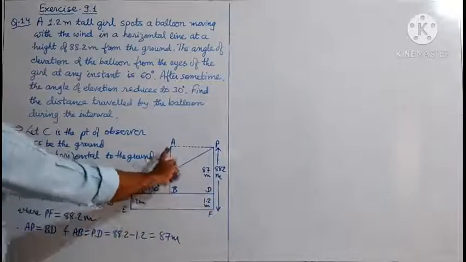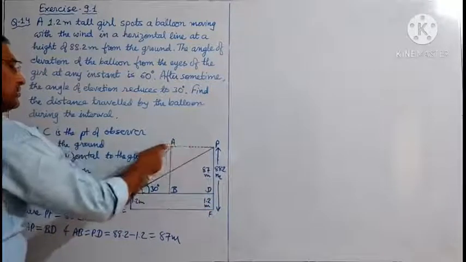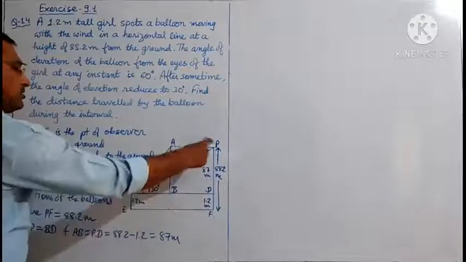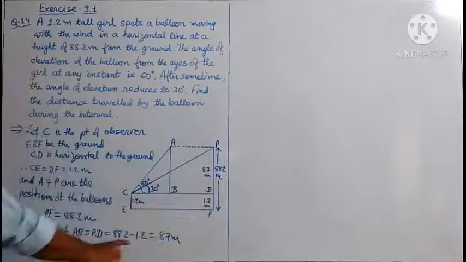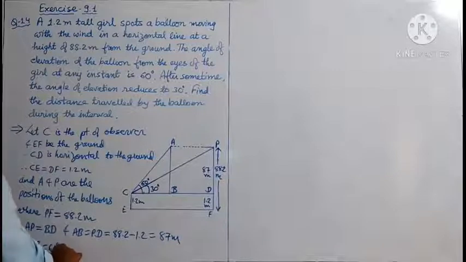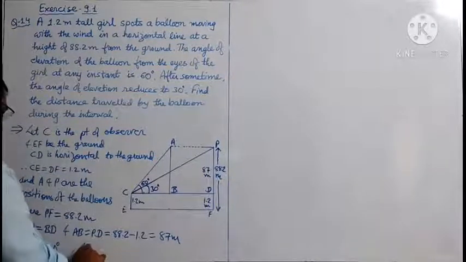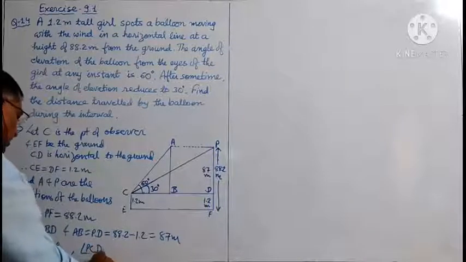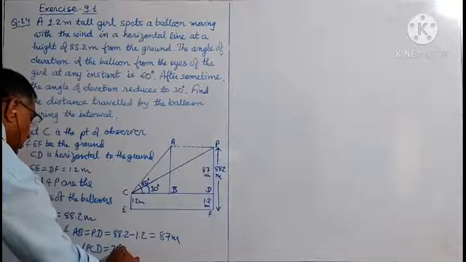Now here AP, the distance travelled by the balloon, is the same as BD. So AB is equal to PD, and that is equal to this. And the angle of elevation, angle ACB, in the beginning was 60 degree, and that reduces to angle PCD equal to 30 degree.